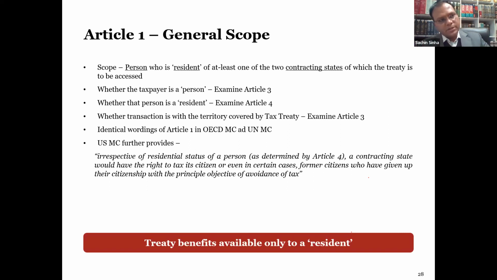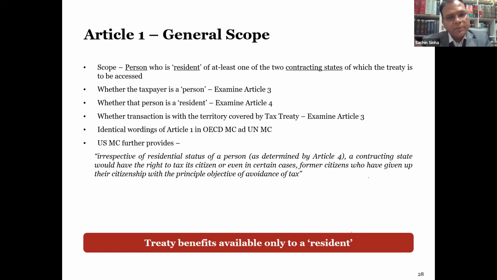Let me give an example. Assuming a company which is incorporated in Mauritius, that is a company which is resident in Mauritius because it is incorporated in that country, but by virtue of section 6(3), that is the place of effective management, that company becomes resident of India. It means that particular company becomes resident of both the countries. In that case also, which treaty will apply, we test the residence of either or both of the countries.